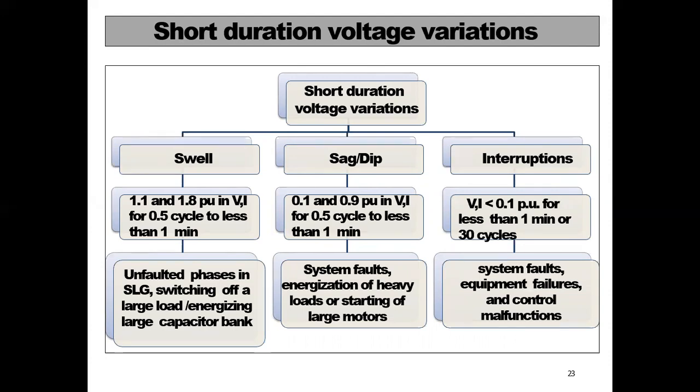Voltage swell is 1.1 to 1.8 per unit in V, I for 0.5 cycle to less than 1 minute. It means the increase in voltage from 110 to 180% of rated voltage and current for a period of 0.5 cycle to 1 minute.